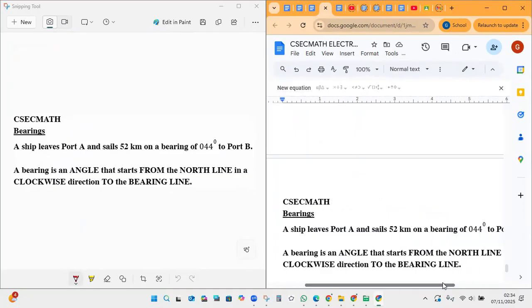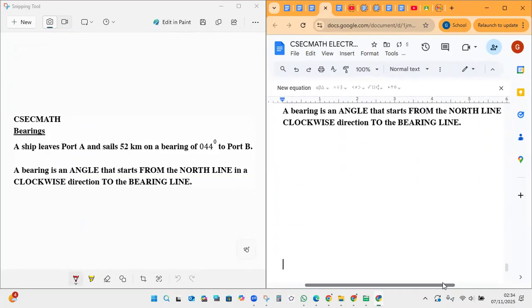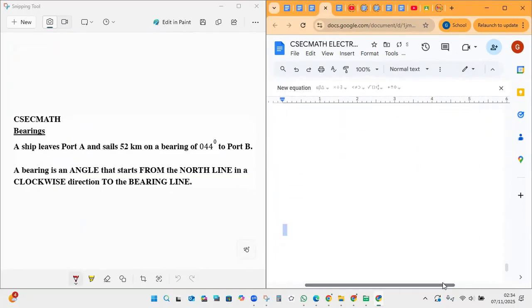As I said, whatever diagram we use to translate that sentence must incorporate those 6 words that are in bold.